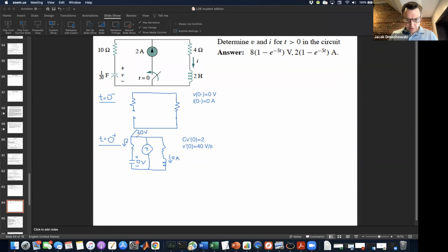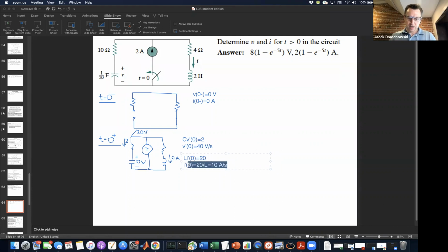And so the 20 volts here transfers to here, and finally all the way to here. Which means that we have an inductor voltage of 20 volts, which means that the initial inductor derivative is equal to 20 over L, which is equal to 10 amps per second.